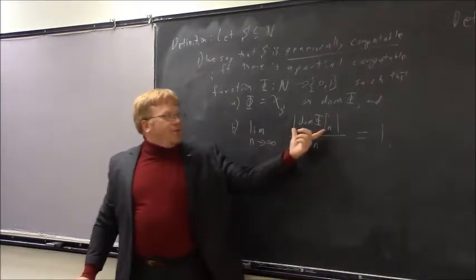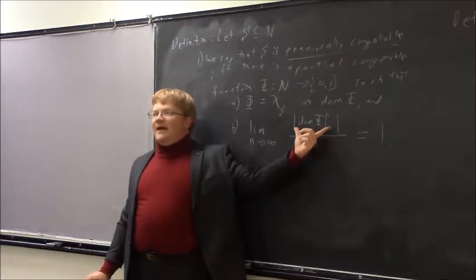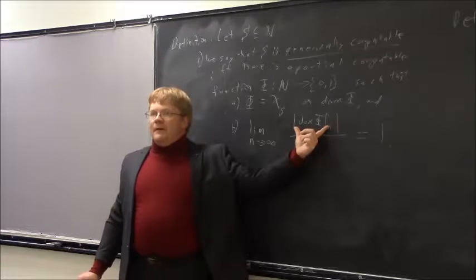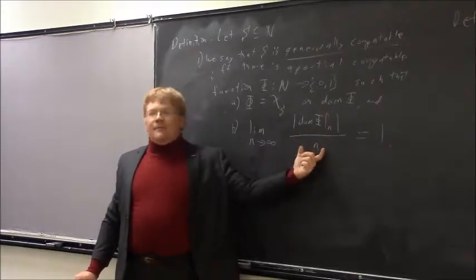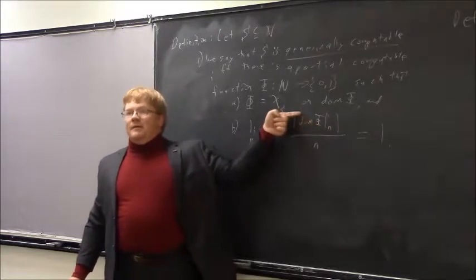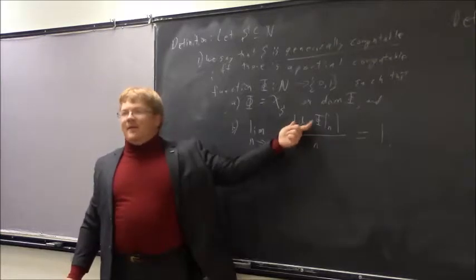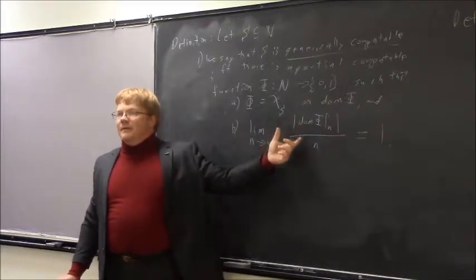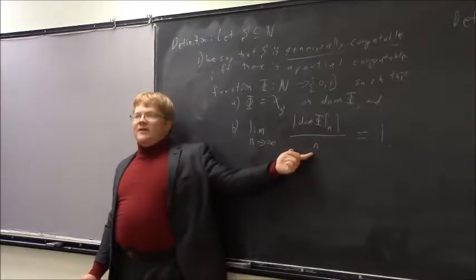In particular, if you take the places that phi is defined up through n and divide by n, so places it is defined over places it could be defined, that should go to 1.